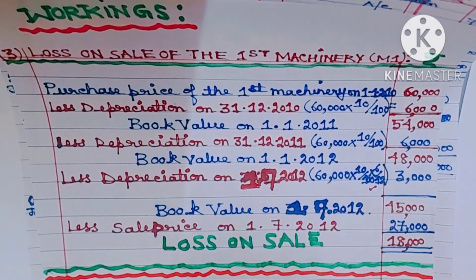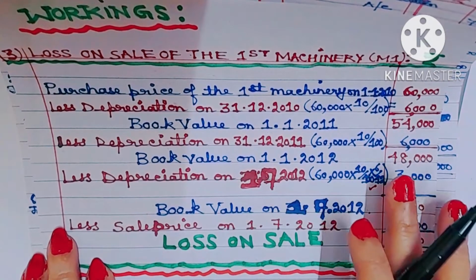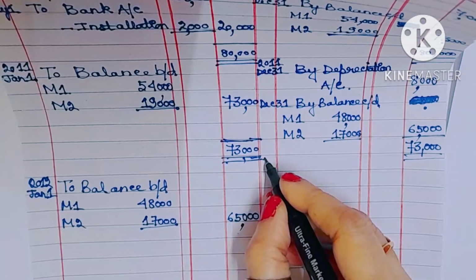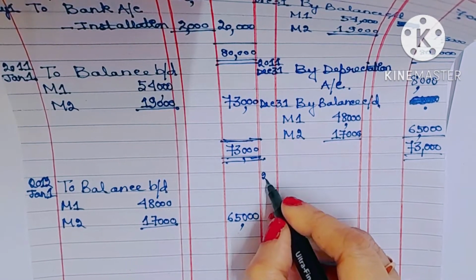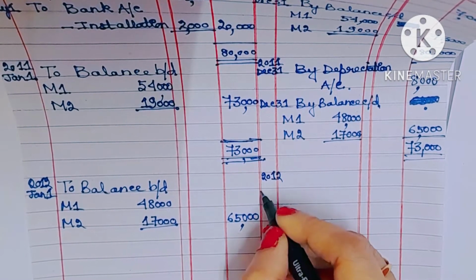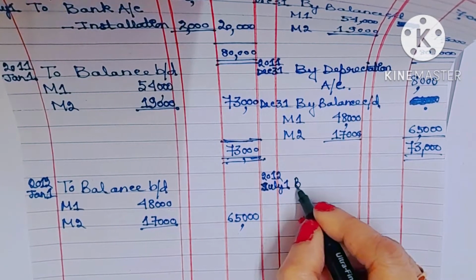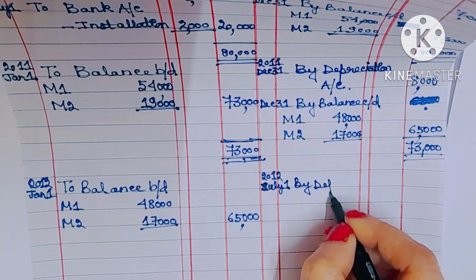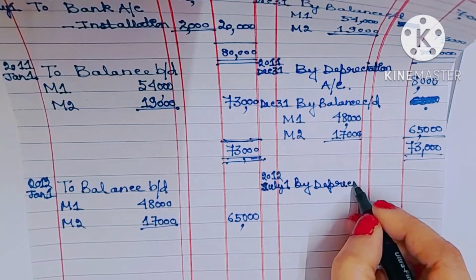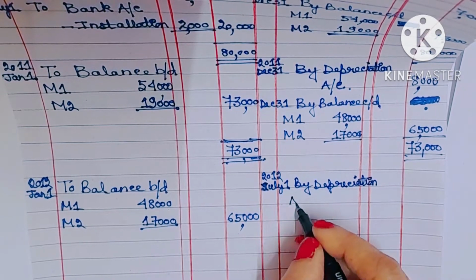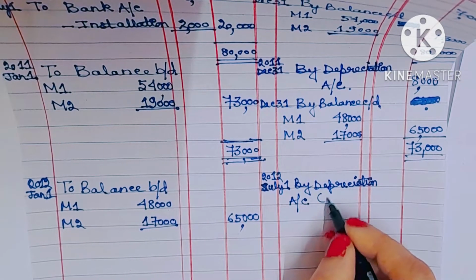We will first do the first machinery ledger posting, then we'll do the second machinery. Understood? 2012, 1st July, by depreciation. This depreciation is for the first machinery, okay, not total depreciation.